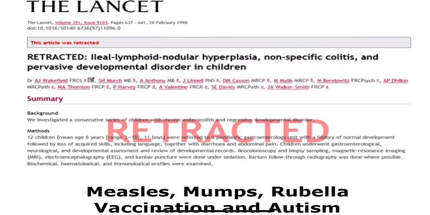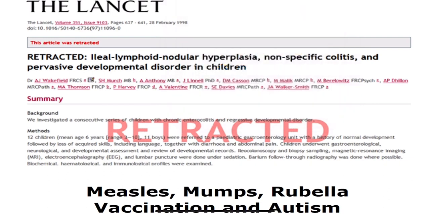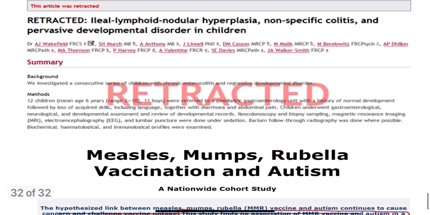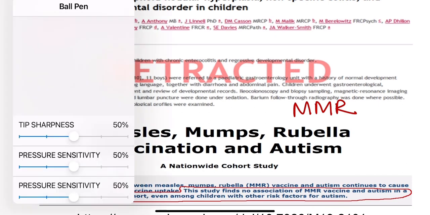So what that means is that the investigator or his collaborators with him falsely reported either data or misled the reader in thinking that there was in fact a link between autism and vaccination. So what Wakefield tried to show was that the measles, mumps, and rubella vaccination, that MMR vaccine that you've probably heard of, was the cause of autism.